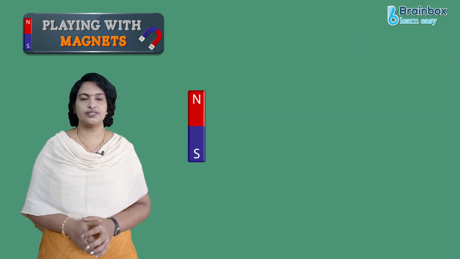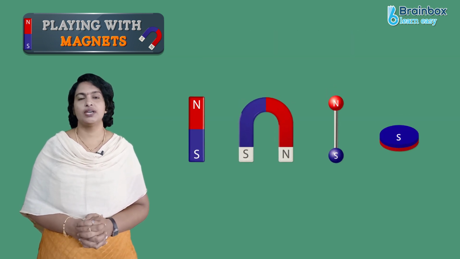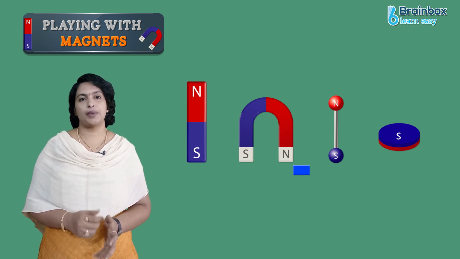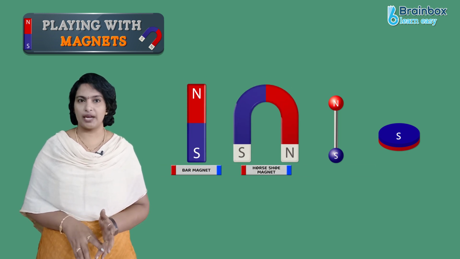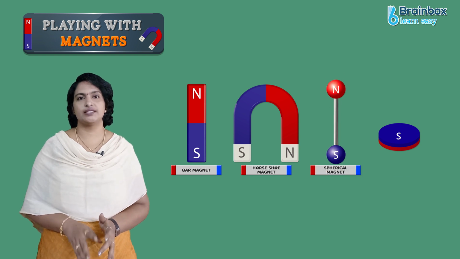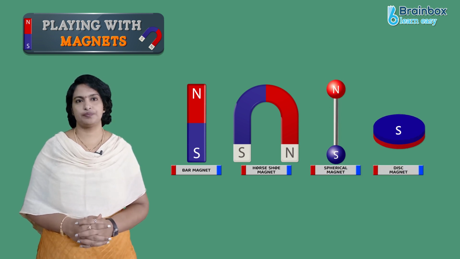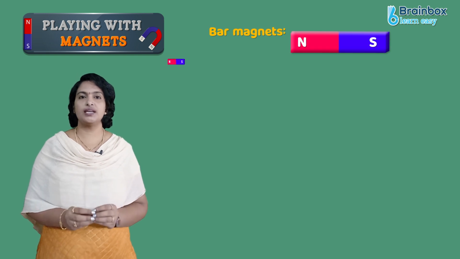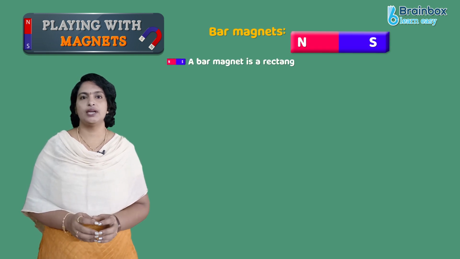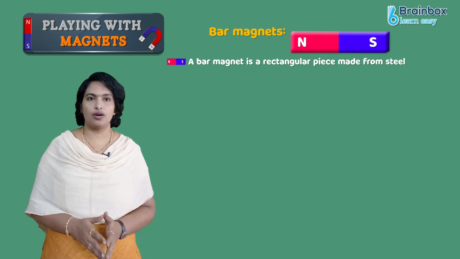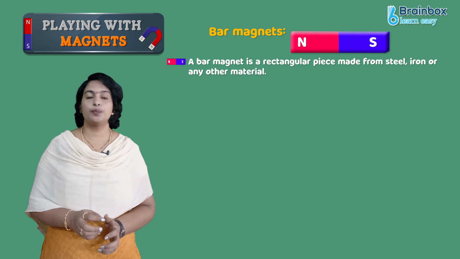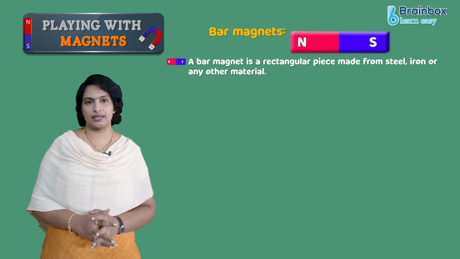So the magnets we see in our daily life also come in different shapes like bar magnets, horseshoe magnets, spherical magnets and disc magnets. So we have seen bar magnets. It is a rectangular piece made from steel, iron or any other material that shows the property of a permanent magnet.